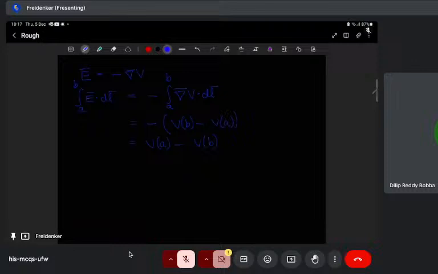So if you're finding the potential difference between 2 points A and B, this is at VA, this is at VB. So VBA should be VB minus VA. Is it this one or is it this one? I think it's the first one.